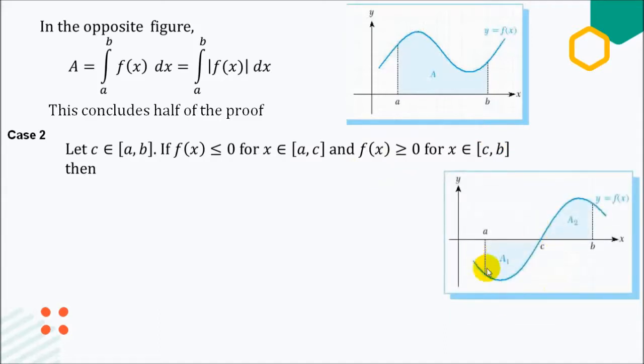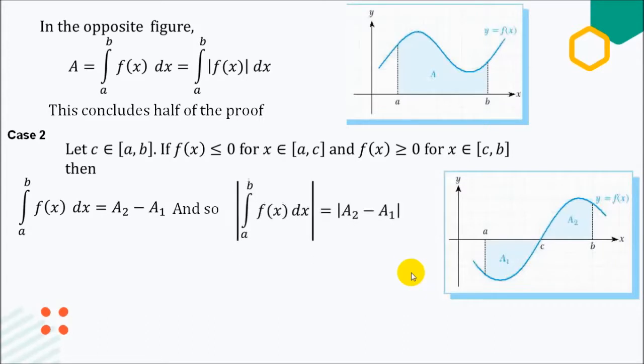Here f(x) is negative, and here f(x) is positive because it is above the x-axis, and here it is below the x-axis. So the integral from a until b is A2, which will be positive, and A1 will be negative because it is below the x-axis.